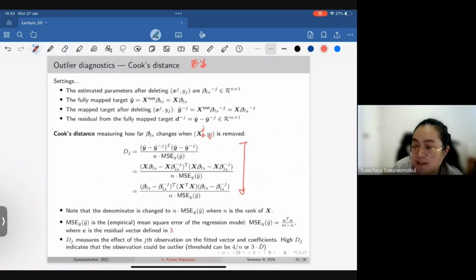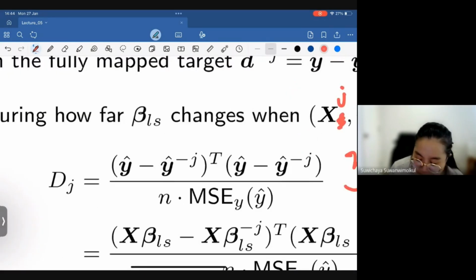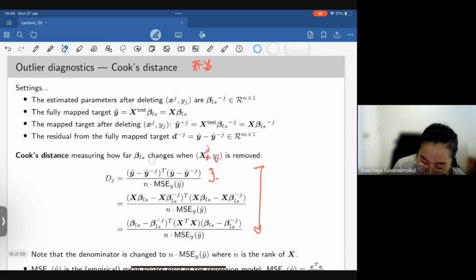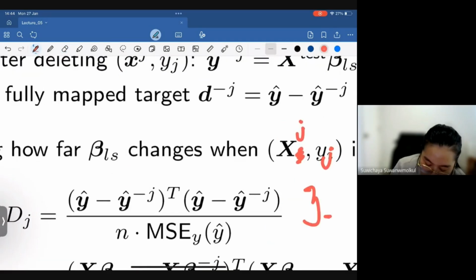So let's say if this data pair is removed, first thing you can compute is the residual, right? This will be a scalar because let's say if we have 1000 samples, we transpose it, so it becomes one times 1000, and that is 1000 times one. Even though it's a scalar value, we know that actually it came from the fact that we are computing the residual between y hat before removing and y hat after removing.